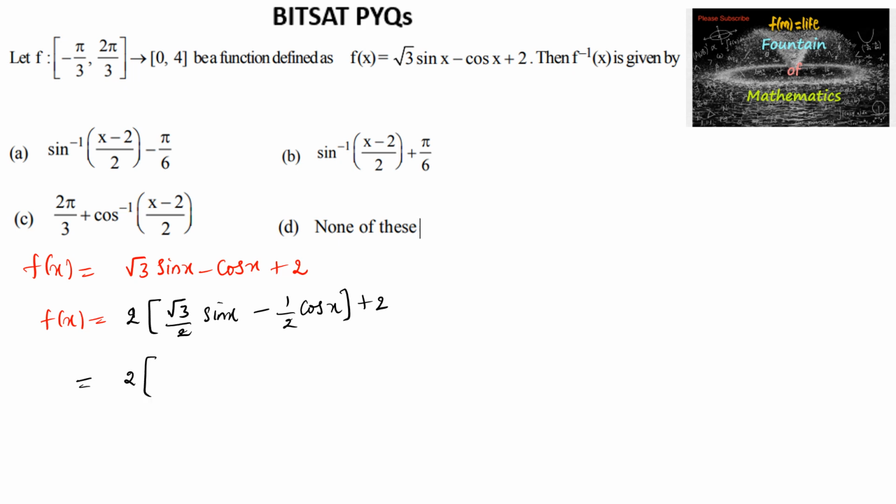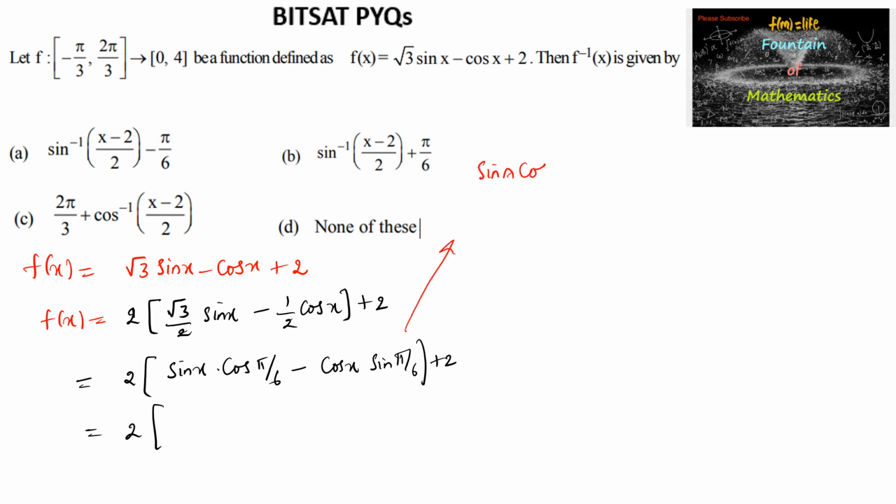So 2 times, we can write sin x, and root 3 by 2 is cos pi by 6, and again cos x, and 1 by 2 we can write sin pi by 6, plus 2. That is 2 times of, it is in the form sin a cos b minus cos a sin b, which is equal to sin of a minus b.